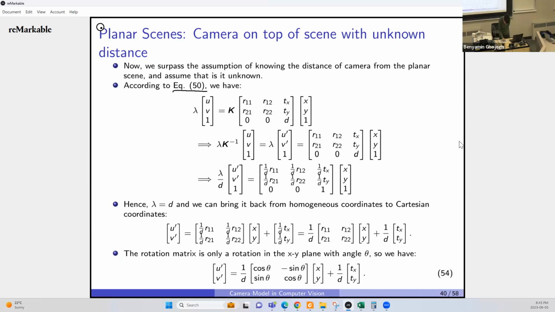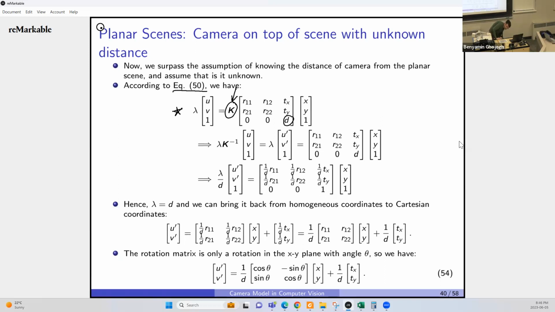According to equation 15, for the previous case, we simplified that equation of mapping and we ended up with this. We had K, we also had D, but in the previous case, I brought D inside K and named it K prime. But now I don't do that because I don't know D. Then this term, which is K now, not K prime, is a pain in the neck.